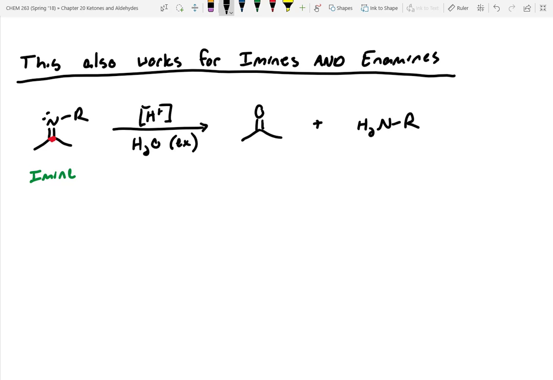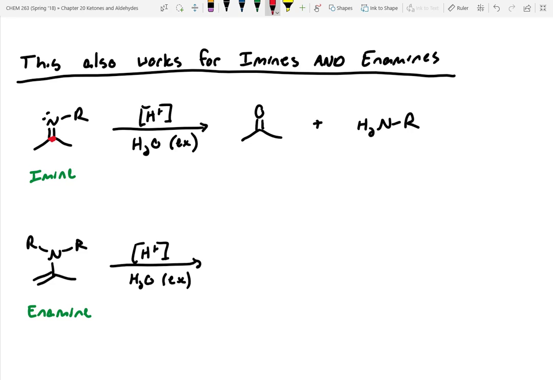Alternatively, you could have an enamine. You could treat this with catalytic acid, water in excess, and just like before, identify the carbon that used to be the carbonyl carbon.